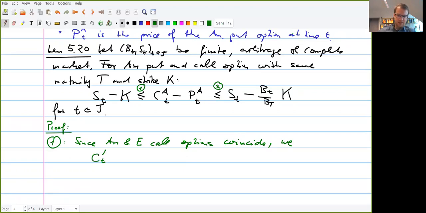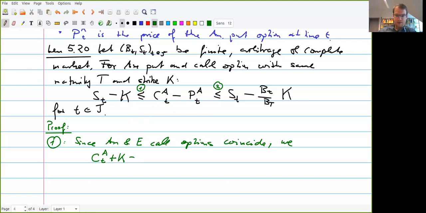So if I look at C_t, I consider here the American call option, and I add K. I pull this K to the other side.